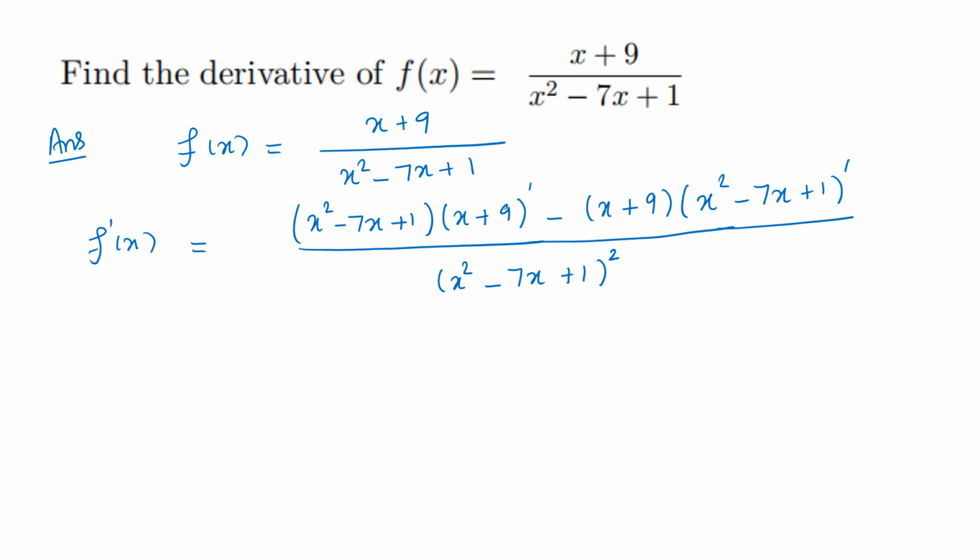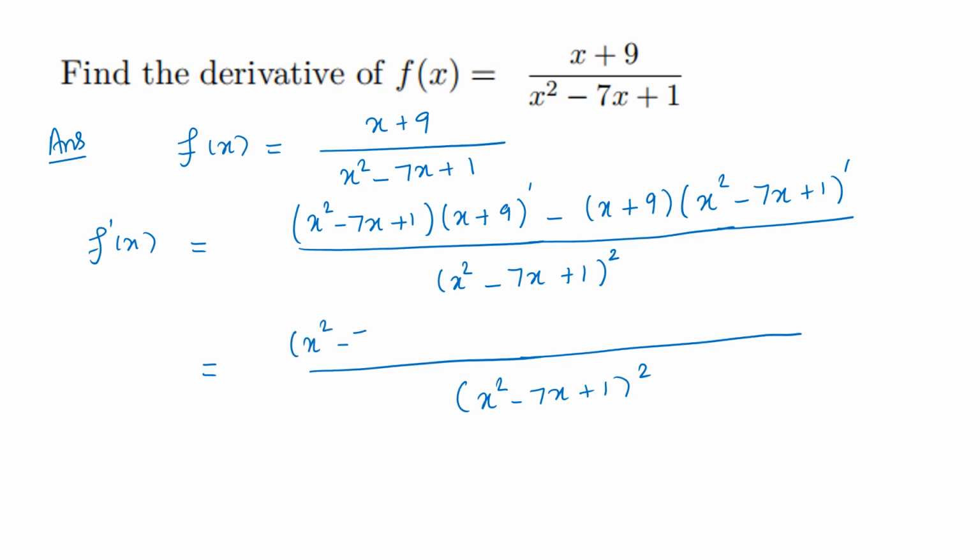Now easily we can find the derivative. X square minus 7x plus 1 the whole square in the denominator. Here in the numerator, x square minus 7x plus 1 times x plus 9 derivative.